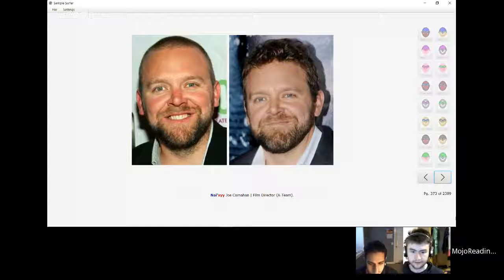Najee Joe Carnahan. But something about the way he does his eyes and mouth, both pictures actually, he reminds me a little bit of a fuller-faced Agent Coulson. Yes! I was going to say that. He has an askew, like, straight. The way he holds it too. Yeah, the face. I think I can kind of see that. For me, it's the skewness, but also the way he holds his smile.